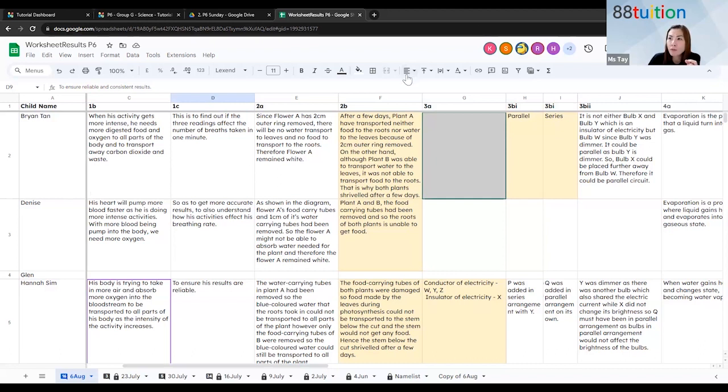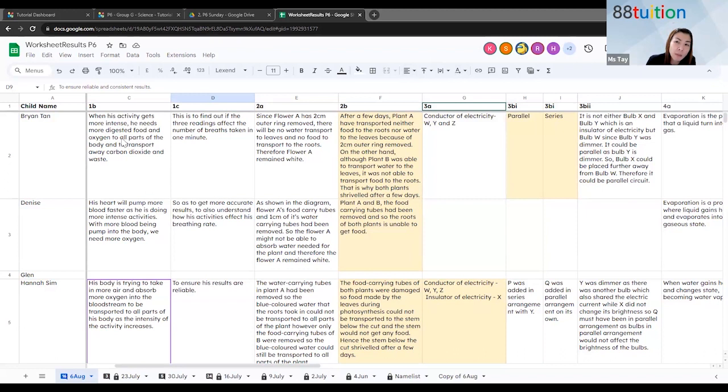I will advise you this way, Brian, because we are talking about breathing rate. You only need to mention more oxygen to be taken in, correct? But of course, you relate it to respiration. So he needs more digested food and oxygen. You're talking about this.